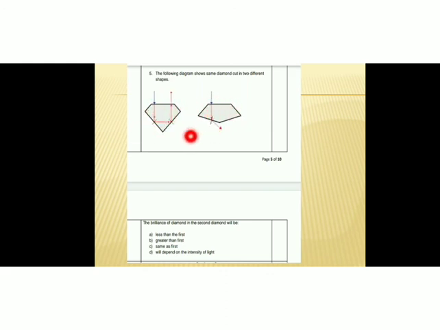In the second diamond, we cannot see such type of reflection. So the brilliance of the second diamond will always be less than the first. So option A is the correct answer. Section C and section D are left, and we will discuss those questions during the revision time.